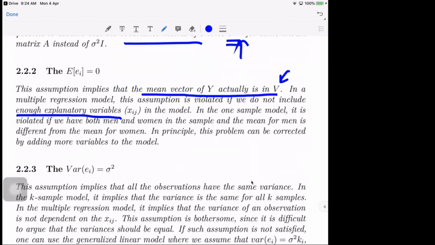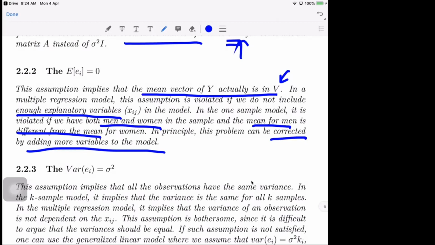In a one sample model, it is violated if we have both men and women in the sample and the mean for men is very different from the mean for women. In principle, this problem can be corrected by adding more variables in the model.